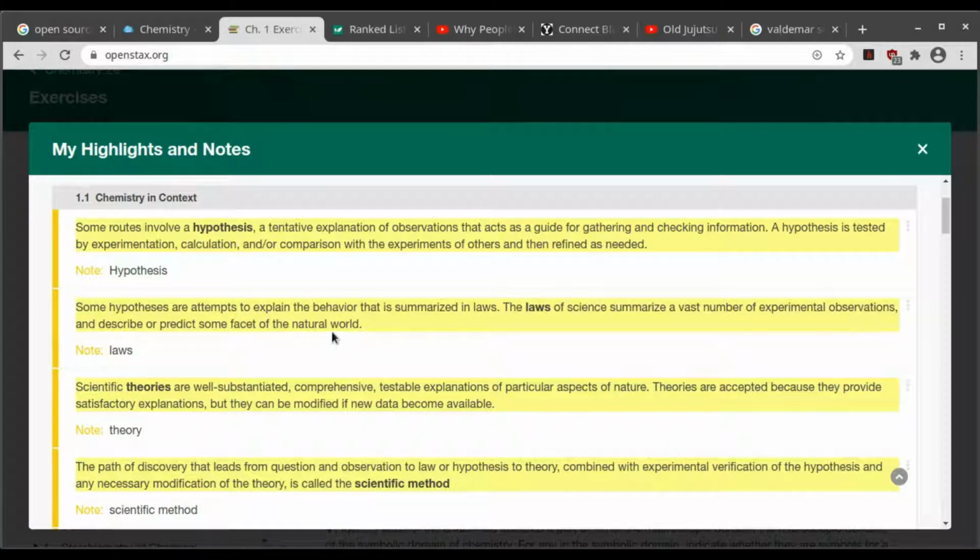Theories are accepted because they provide satisfactory explanations, but they can be modified if new data is available. You could kind of say theory, but I'm leaning more toward law. We're looking at one of these three. Again, we don't have the answer, but I think A is going to be a law.